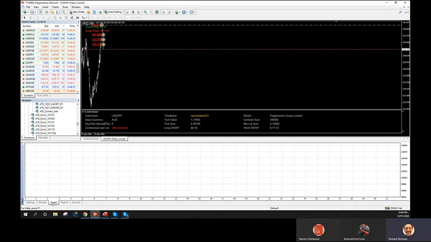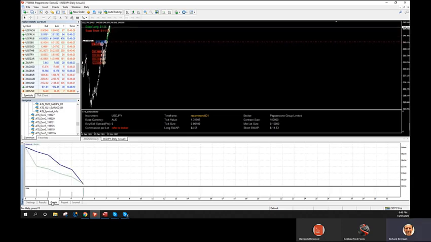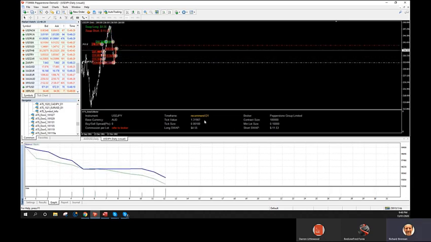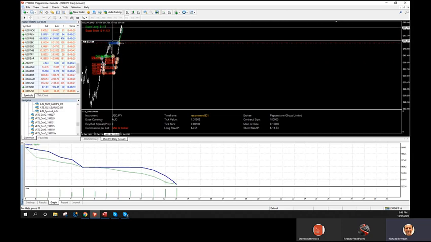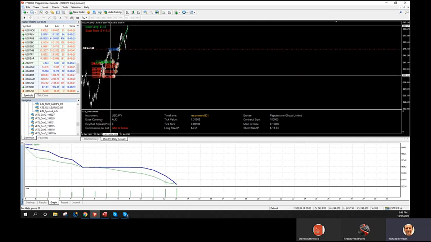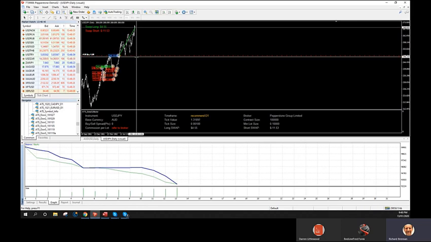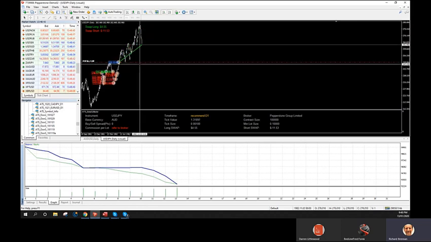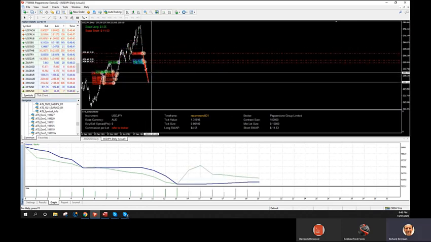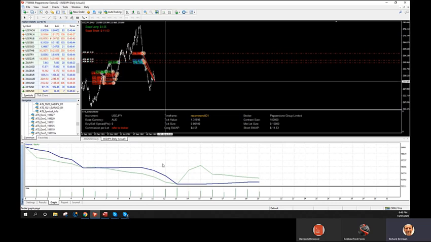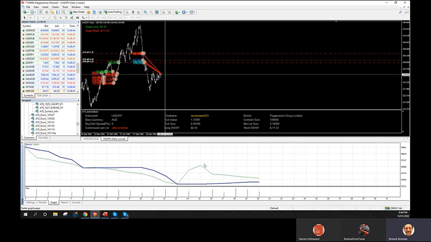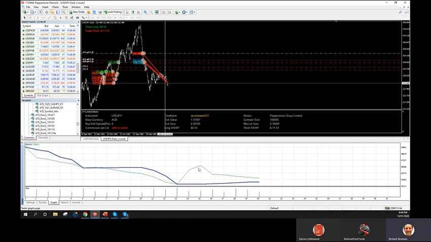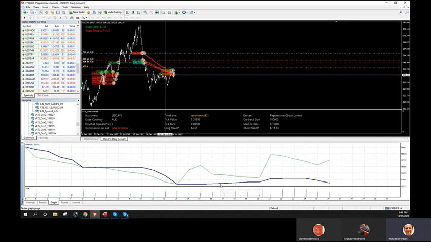So this is a nice long period, once again, back to 1982. So here we are. I'll put the date indicator here. So we can see we're in 1982 now. This bottom section here, once again, represents our equity curve, the green line representing the floating equity and the blue line representing the realised balance.